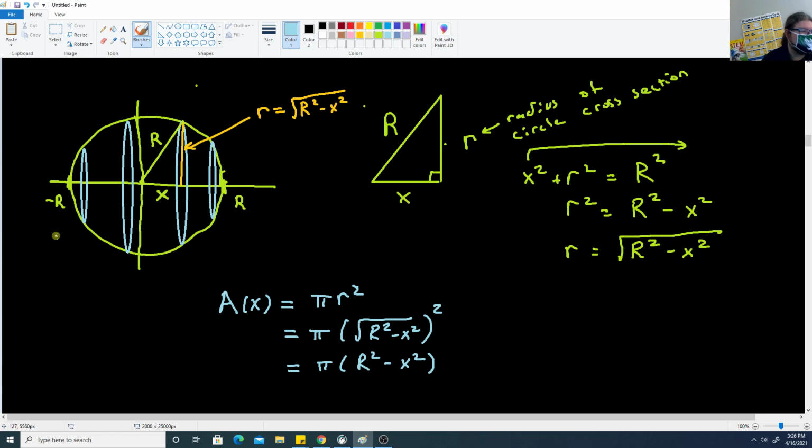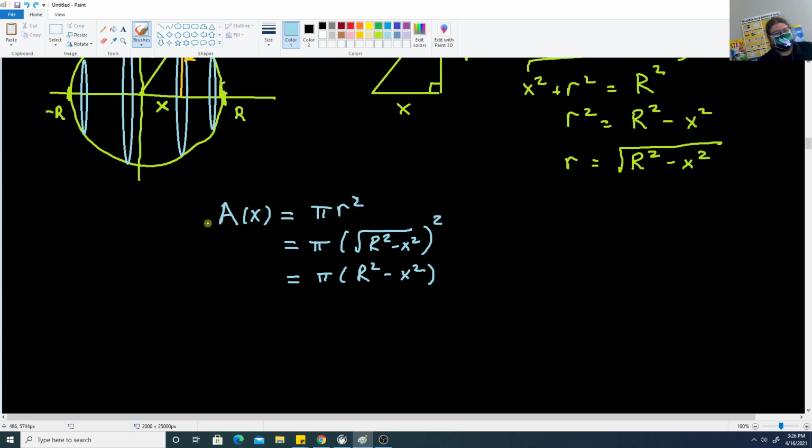When we integrate this, we're going to integrate from negative R all the way up to capital R over here. So our limits of integration are going to be negative capital R up to positive capital R. So we go and set up our integral.